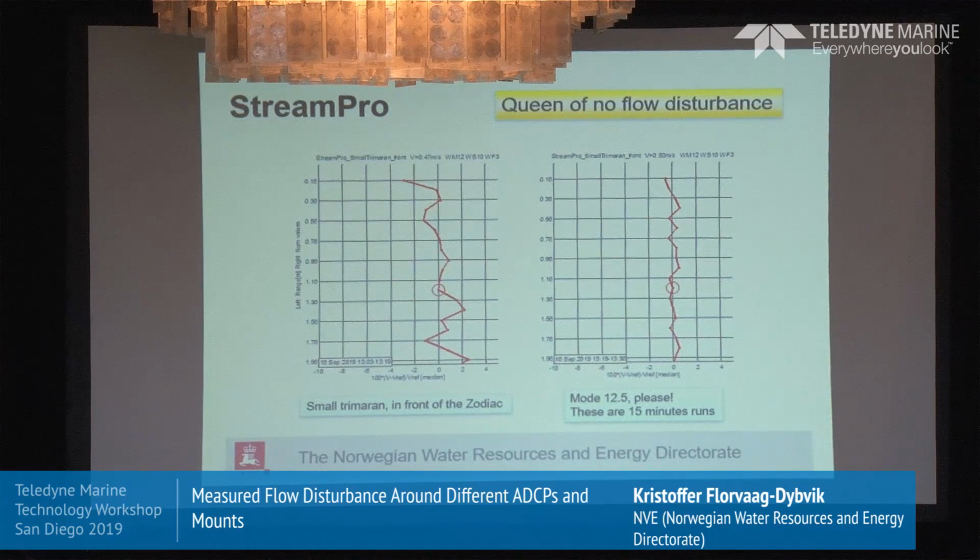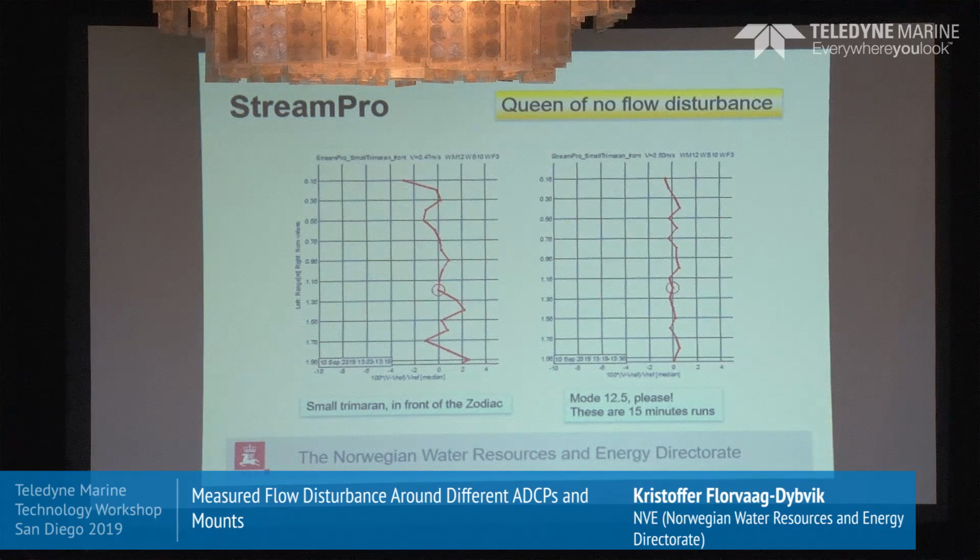The queen of no flow disturbance. We have done several measurements with the StreamPro, in part because it takes so long to get stable and nice data to look at. These are 15-minute runs, and it's still quite noisy. But they show the different data sets. I'll not show you all of them. They show little or no sign of flow disturbance at all.